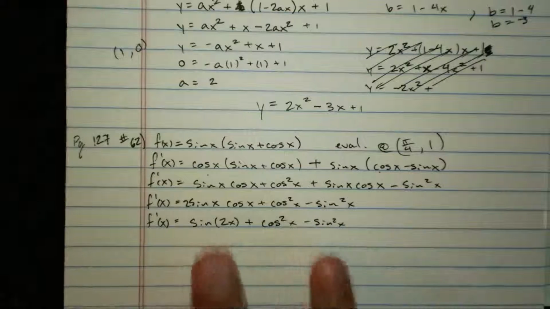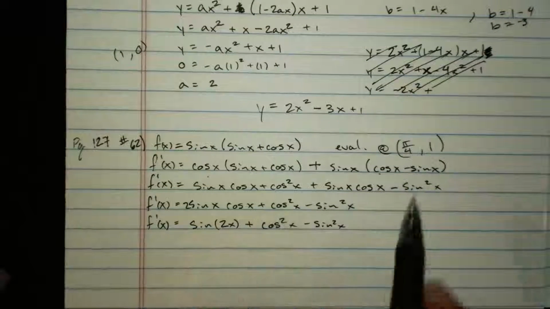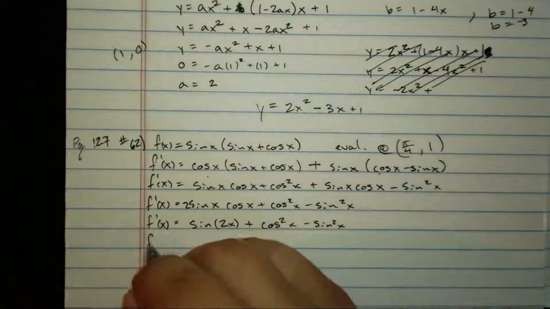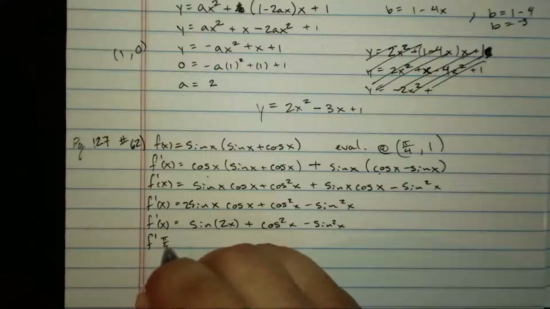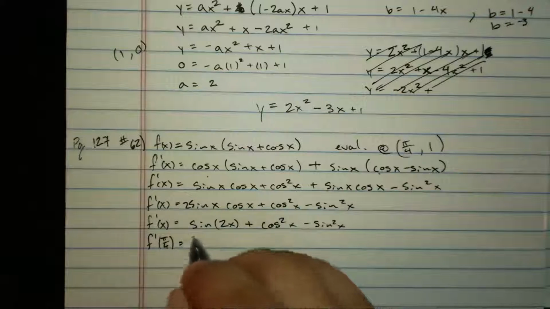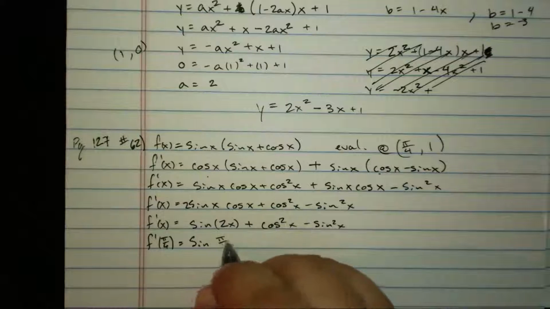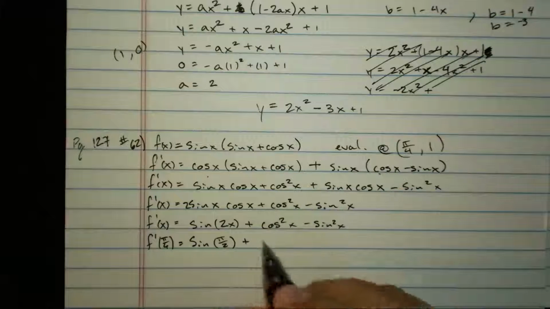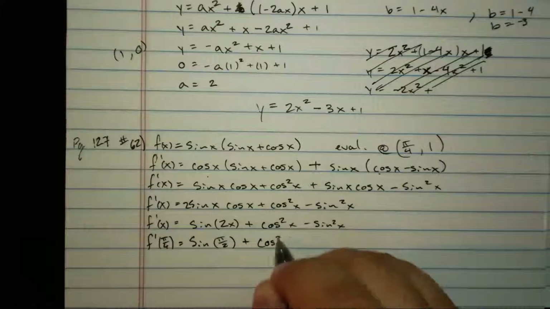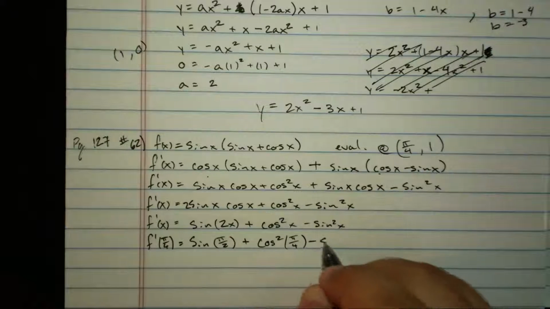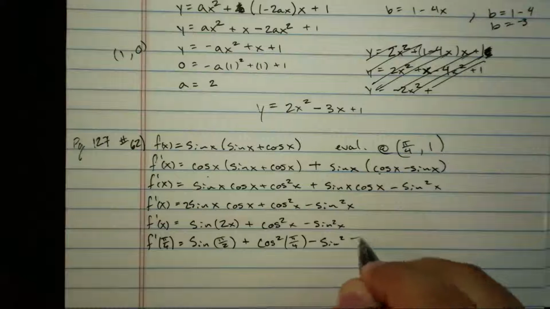Okay. So at this point, let's just go ahead and plug in our x value, pi over 4. So what's f prime of pi over 4? Well, it's sine of pi over 4 times 2, which is pi over 2, plus cosine squared of pi over 4 minus sine squared of pi over 4.